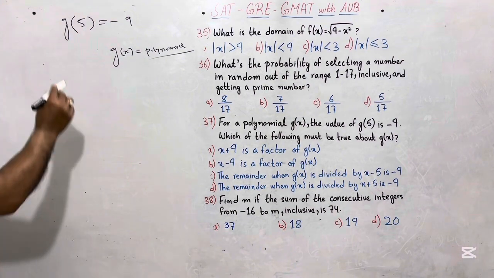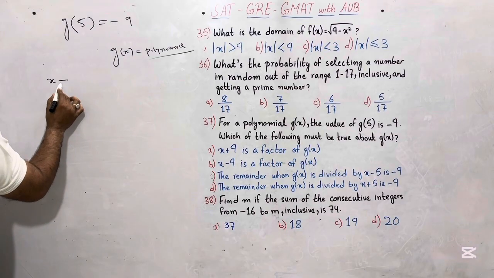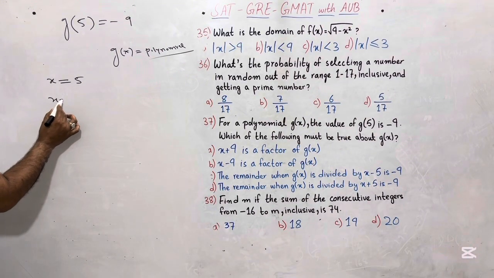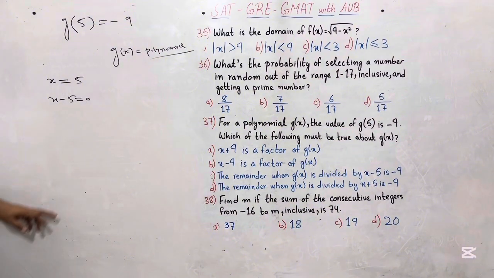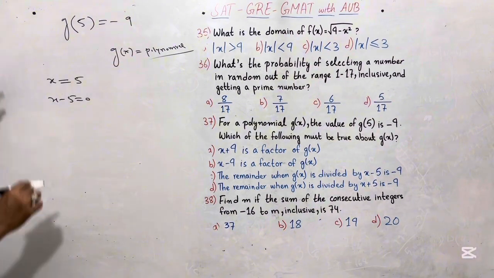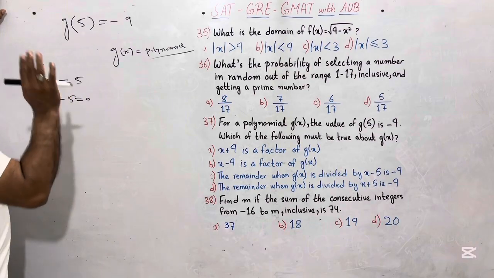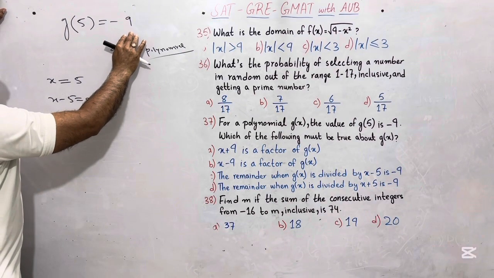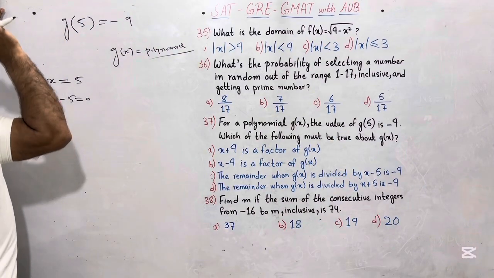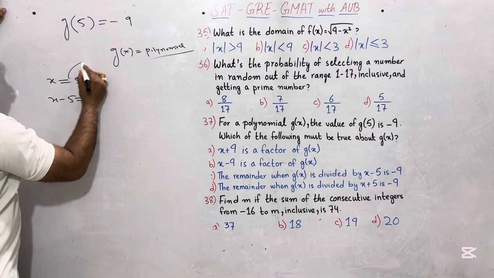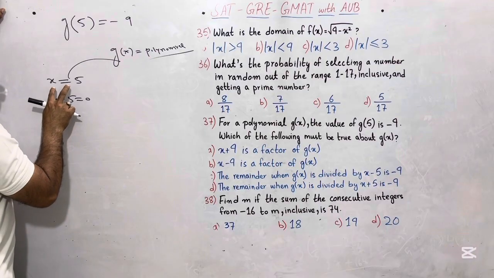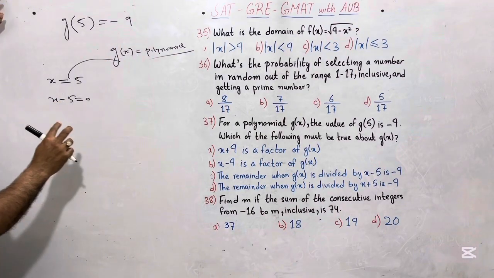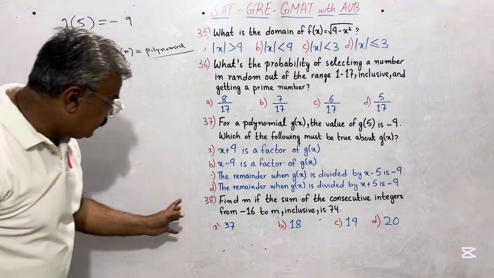What do we have? This means we plug in the value x is equal to 5, or we can write this as x minus 5 is equal to 0. Whenever we put x is equal to 5 in the function, we get minus 9. How to translate this into such a statement?